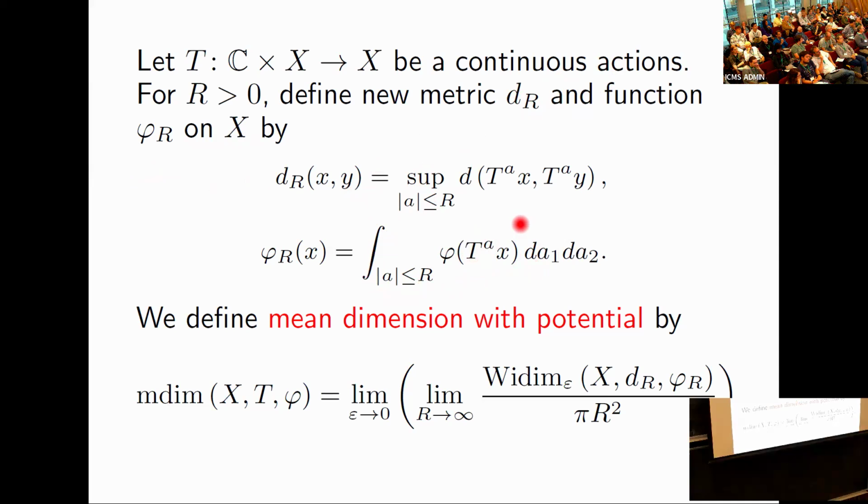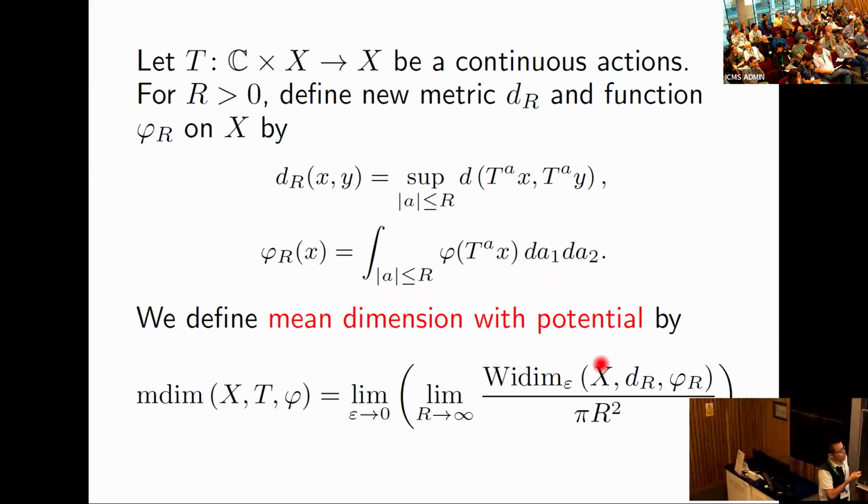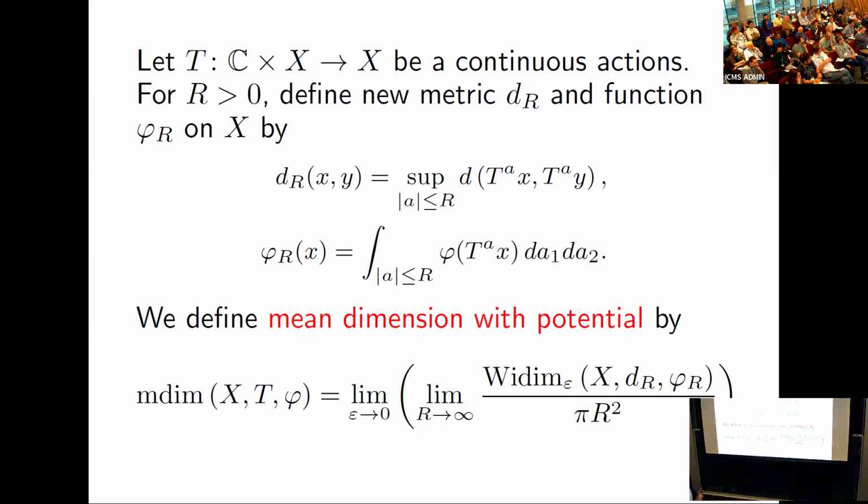This is just the standard two-dimensional integral. Now we define mean dimension with potential by this formula. This is the width dimension with potential, and we divide it by pi R squared and take the limit with respect to R and with respect to epsilon. So this plays a role similar to topological pressure theory.